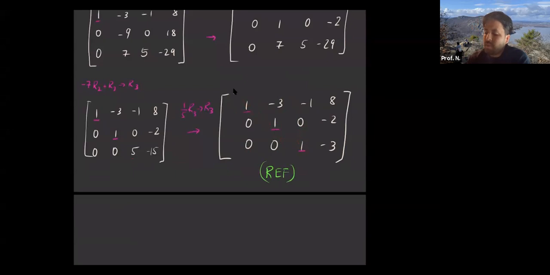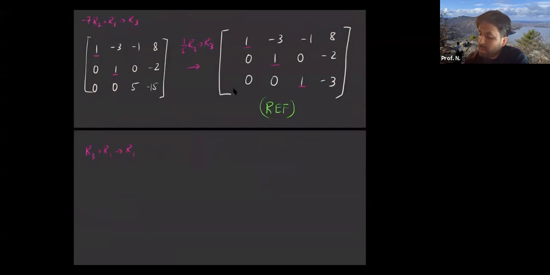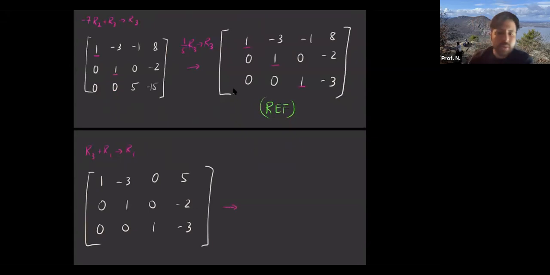And I have to do a few more things, right? I need to get rid of this -1. And how do I get rid of that -1? You do R3 plus R1 goes into R1. So this becomes 1, -3, 0, and then this becomes 5. This is 0, 1, 0, -2, 0, 0, 1, -3. And then one last thing. What do I have to do to get rid of that last entry above here?